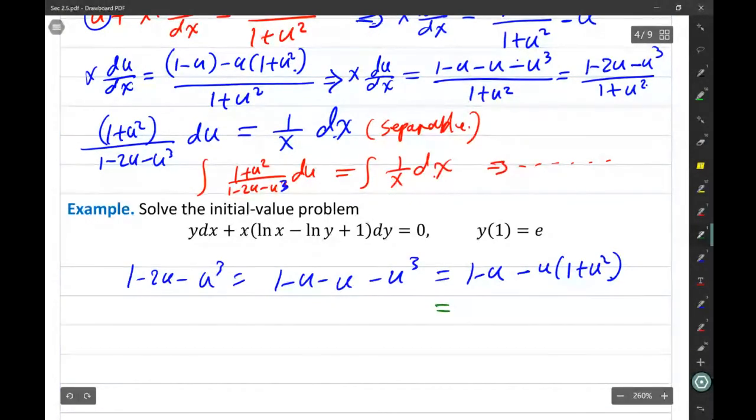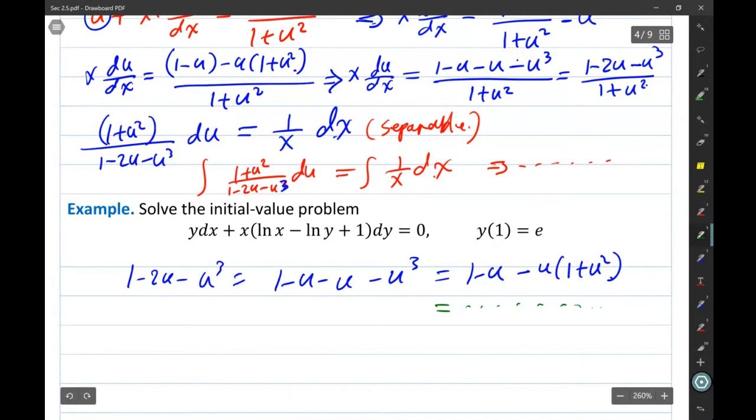Come on, let us see. Nobody? Okay, why? Have you heard about integration by partial fraction decomposition? Have you ever heard about such a thing?